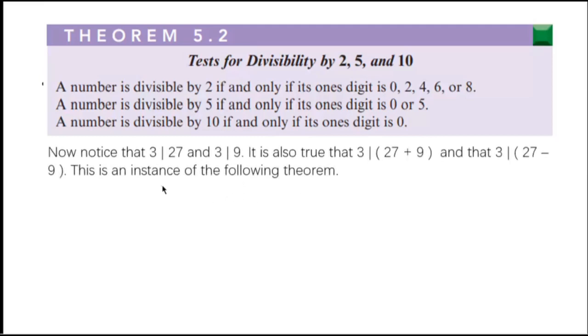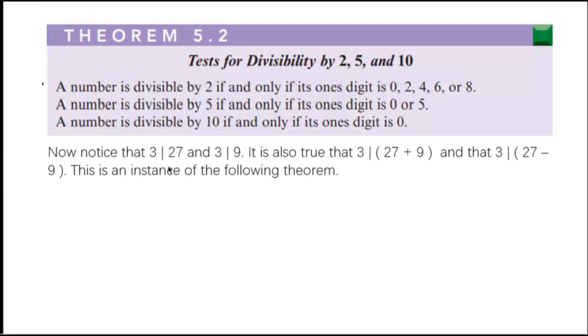Okay, now notice that 3 divides 27 and 3 divides 9. It is also true that 3 divides the sum of 27 plus 9, and that 3 divides 27 minus 9. Okay? Pwede mangyari yan, no?